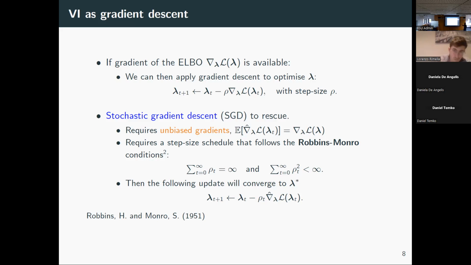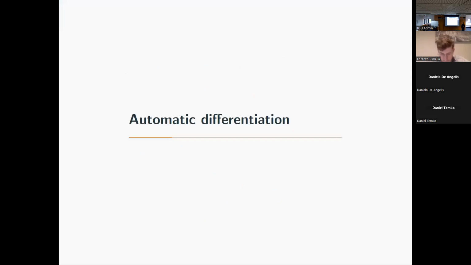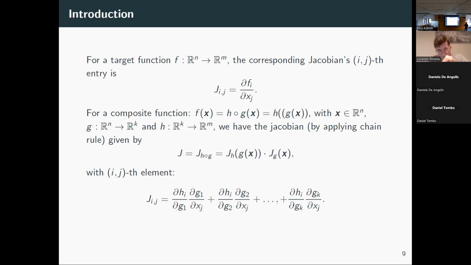I'll come back to this, but the other thing is, obviously, since we want to scale variational inference to really complex models, we don't want to take gradients by hand. And one of the big impetus in variational inference becoming quite mainstream these days is automatic differentiation. So I'll talk a bit about automatic differentiation first.